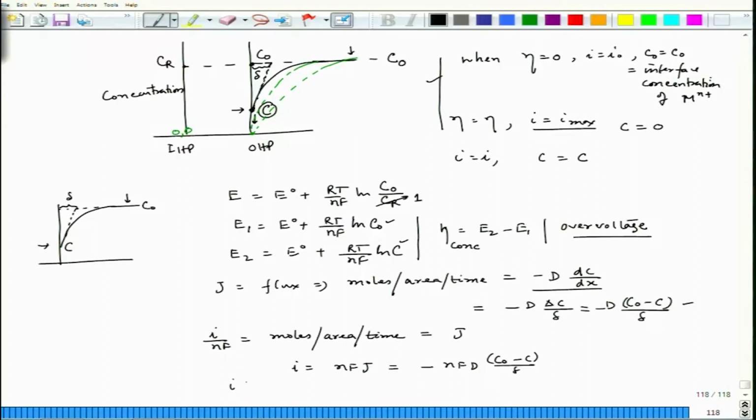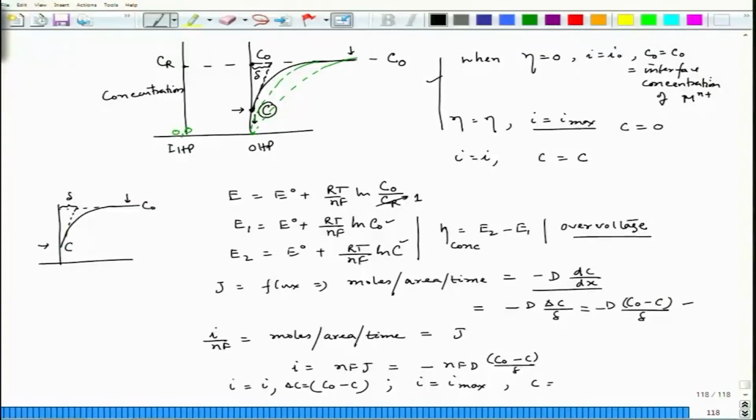When I equals I, at that time the concentration difference is C 0 minus C, and when I equals I max, that means the maximum current density, whatever metal ion is coming from the bulk to the interface is immediately getting reduced and going to the IHP, the inner Helmholtz plane.